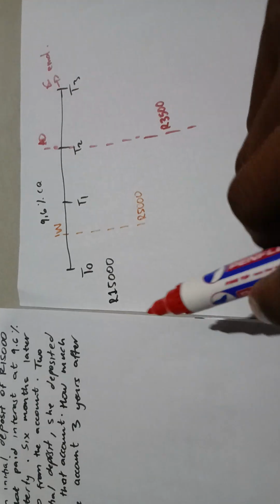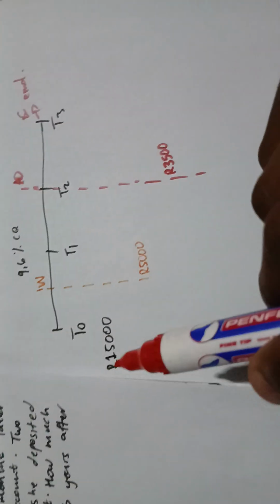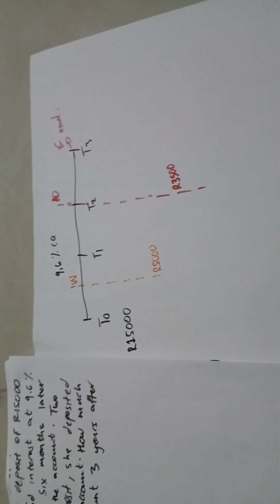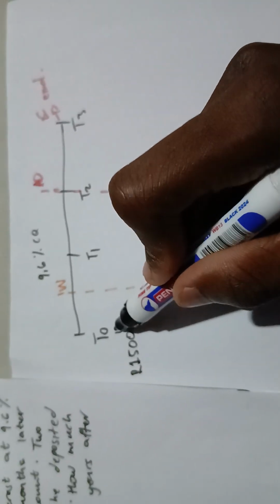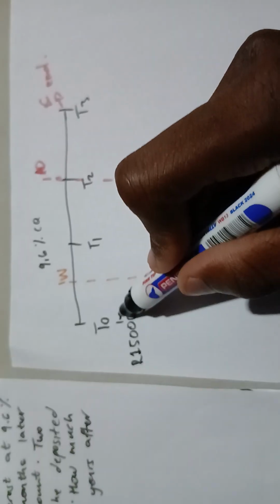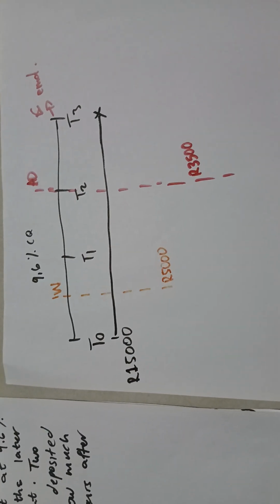Remember now, the 15,000 will be in the account from T0 up until the 3 years.